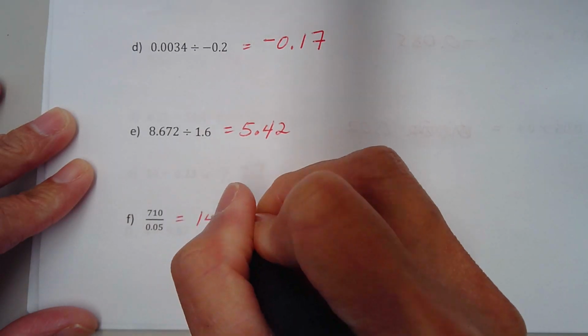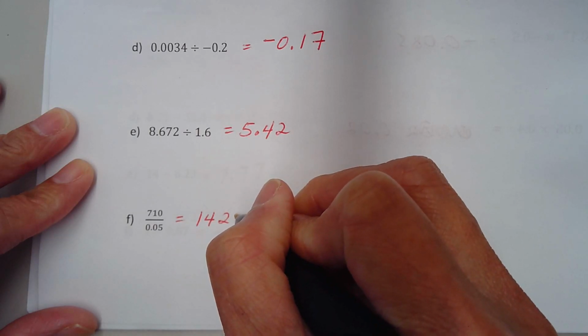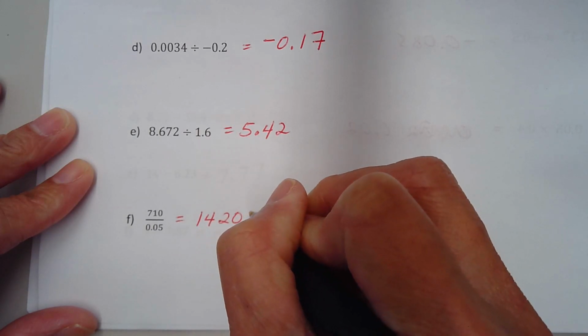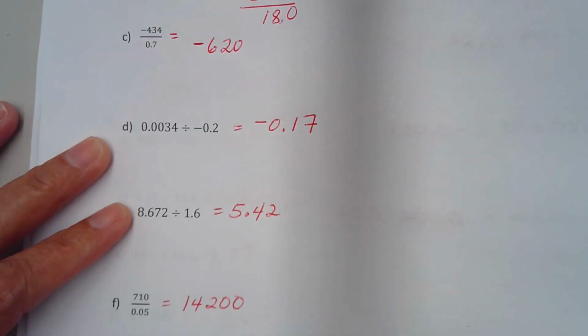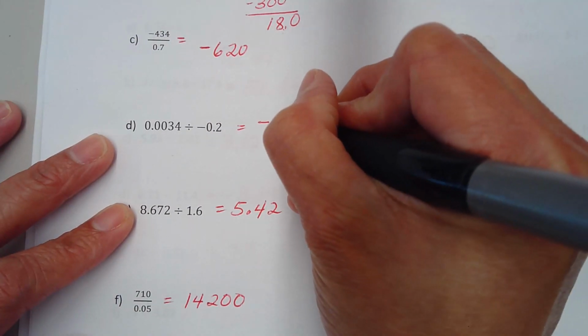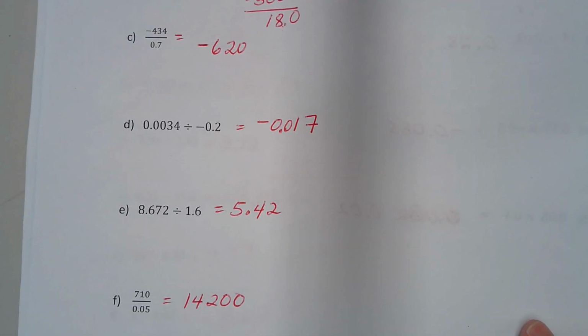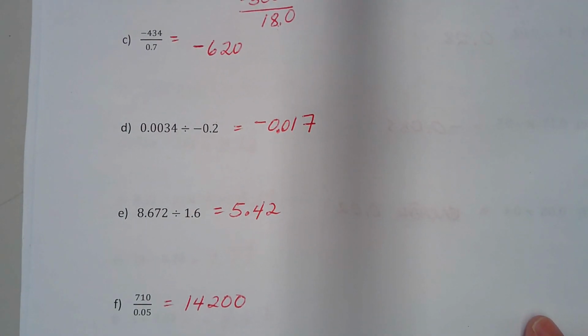I got 0.017 for D. Oh, okay. Did I miss a 0? Yeah, I forgot the 0. Thank you. Is everybody okay with this? Yeah?